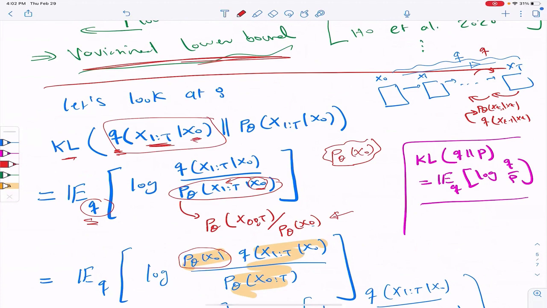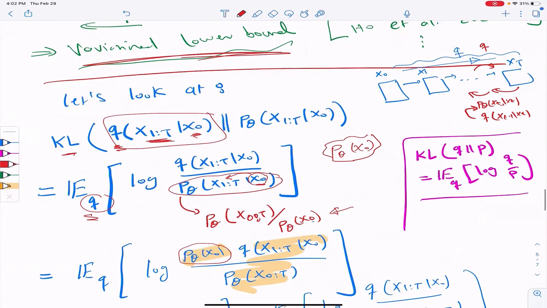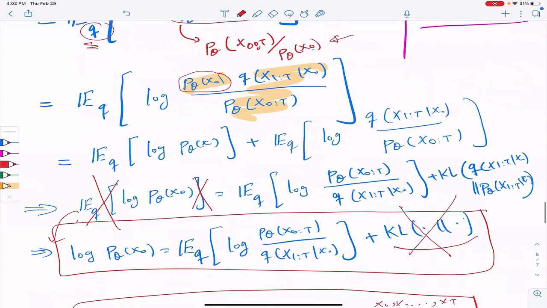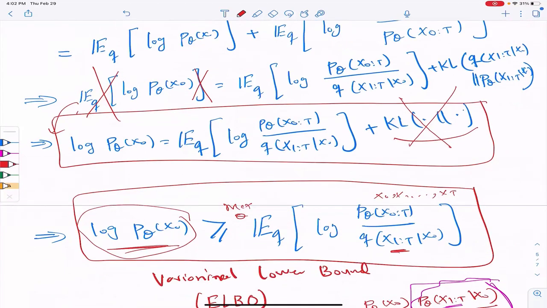When you have this conditioning on x0, it means x0 is like a constant. It is fixed for you. Therefore, this term doesn't really depend on q. It can come out, it's a constant number. So you're just averaging a constant number over whatever distribution you want. It's just that it doesn't depend on q because of the definition.